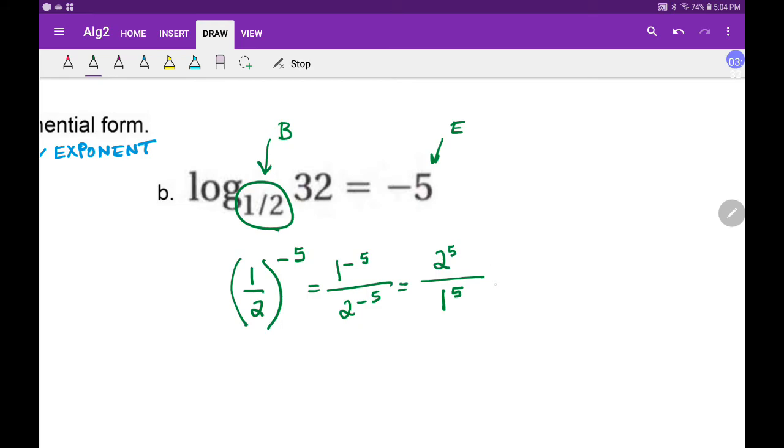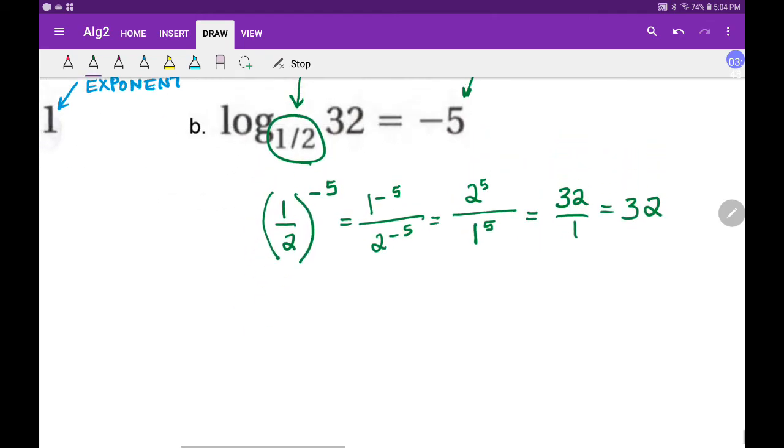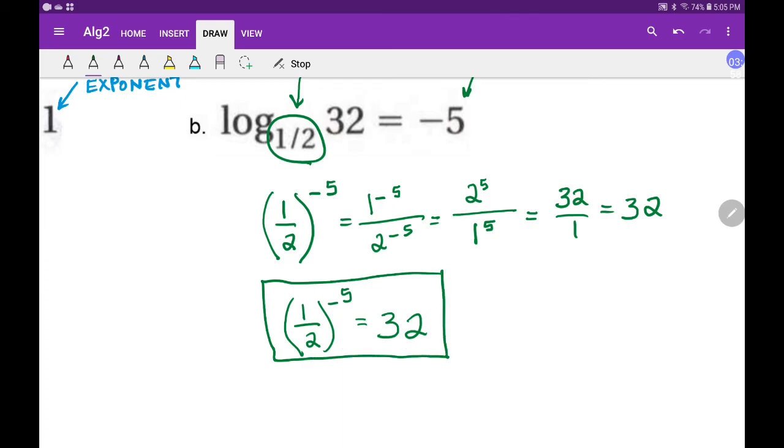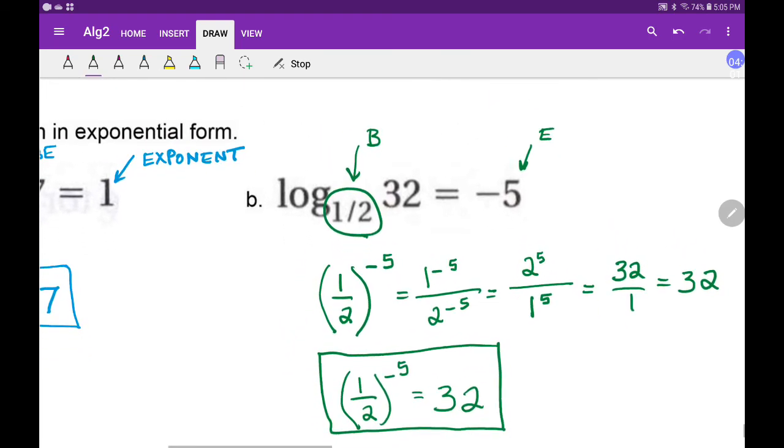And 1 times 1 times 1 times 1 times 1 is still 1. So I'm going to have 2 to the 5th, which is 32, over 1, which is just 32. So after all that, I proved it, so let me write it now the way I was supposed to. 1/2 to the negative 5 is equal to 32. This is what they asked me to do. I was just showing you that it's true. This is the exponential form. Okay?